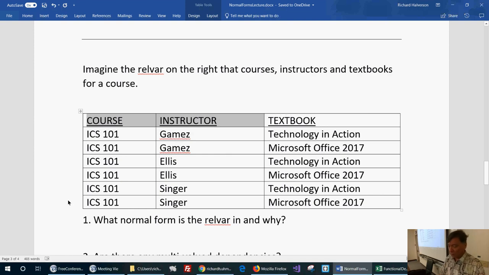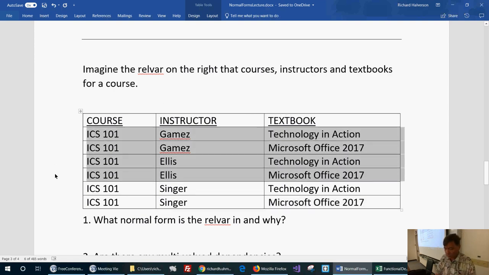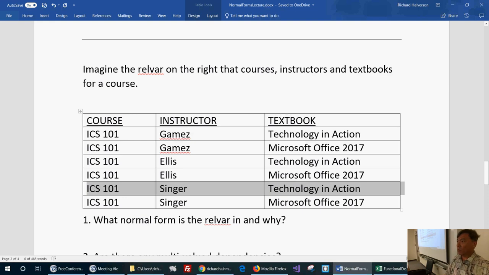You might leave one of these out, and there's no anomaly. It's missing, but you would find out. I mean, the anomaly is ICS321 in these two cases had two textbooks, but in this case only has one textbook.